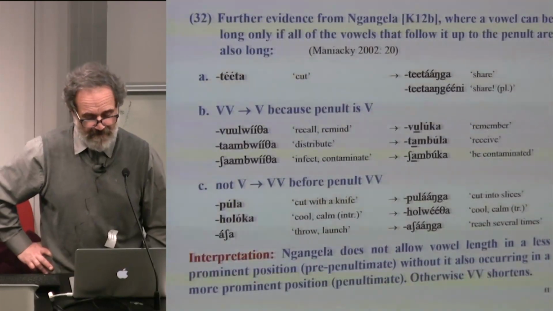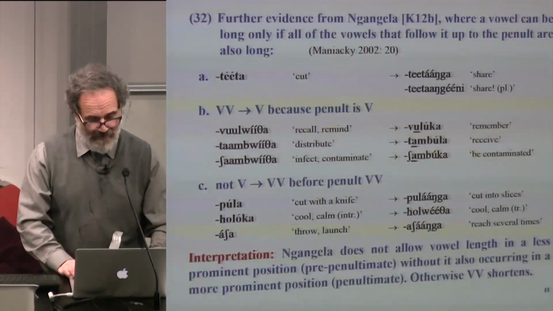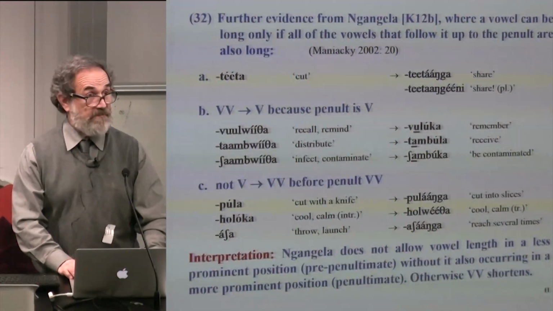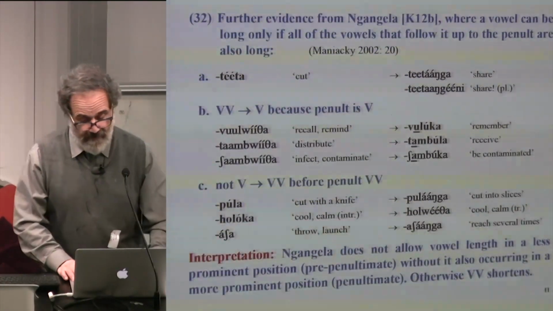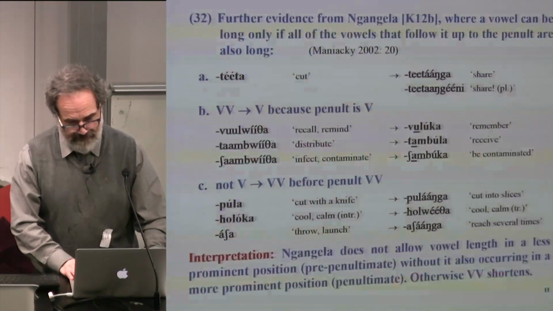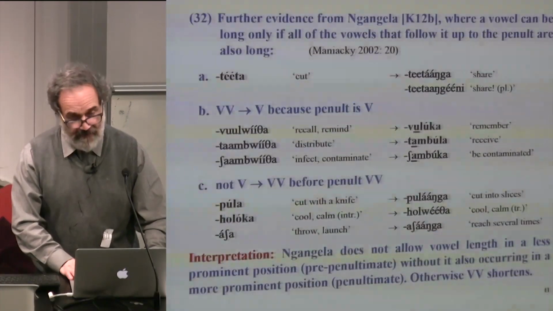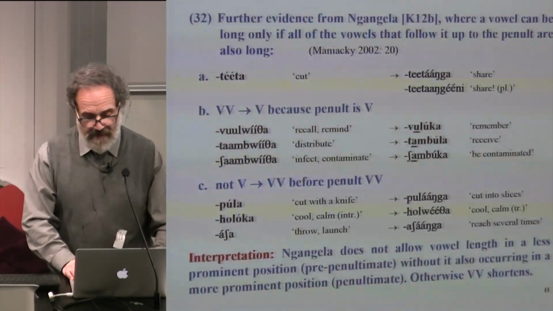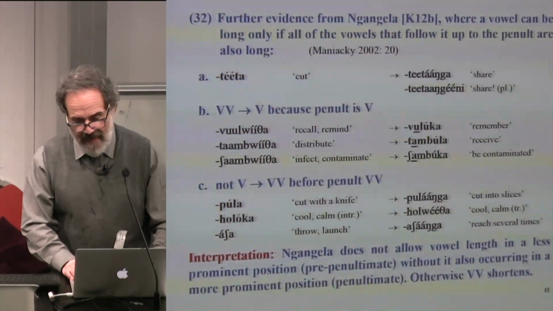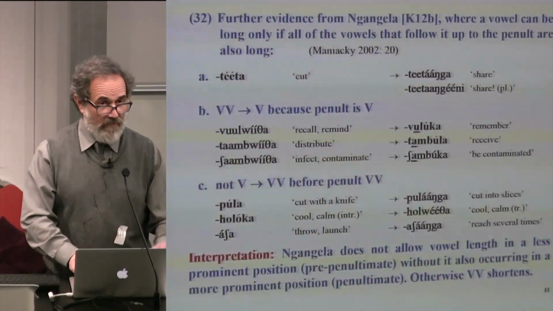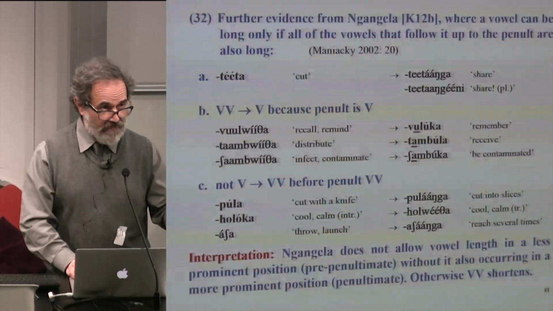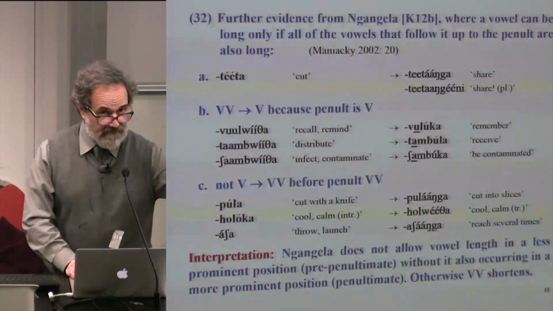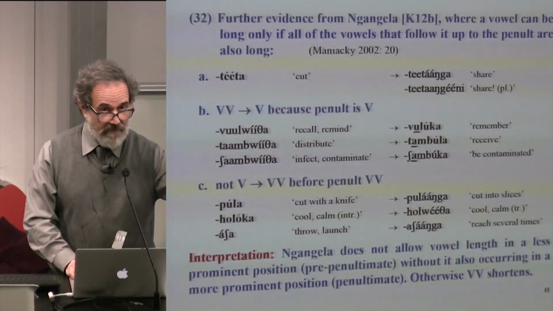This is a little bit complicated, so let me take my time with it. Teeta is to cut. And the related verbs on the right have teetanga and teetangeni. You can have the long te because tang and nge are also long. That is, whenever you have an earlier long vowel, it's okay as long as all the vowels up to the penult are also long.